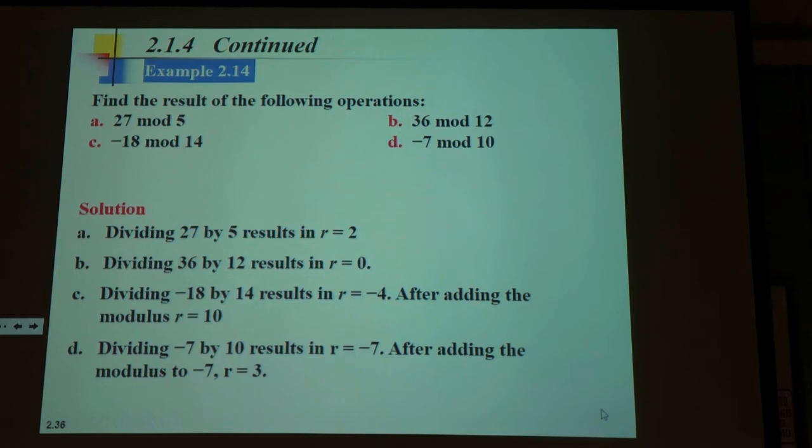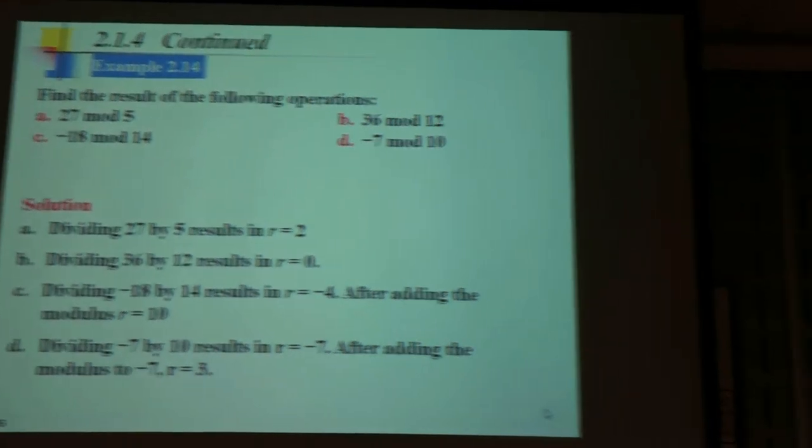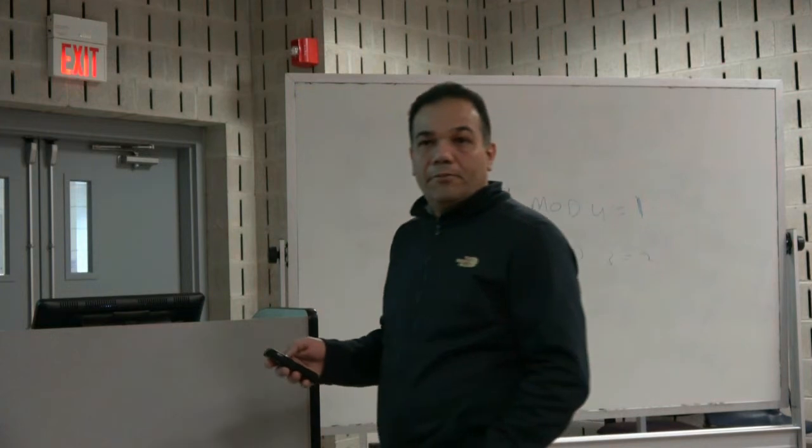So you add the modulus, which is 10, and that gives you the final r, 3. So you never give anyone a negative answer for mod. If it's negative, you have to convert it to non-negative, 0 or positive. Clear?